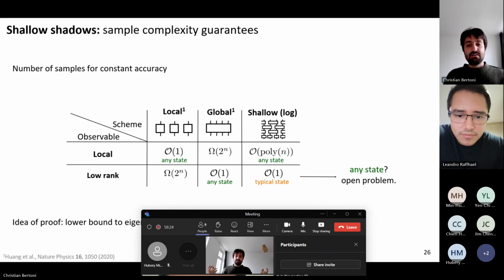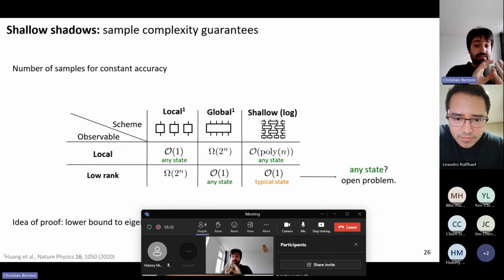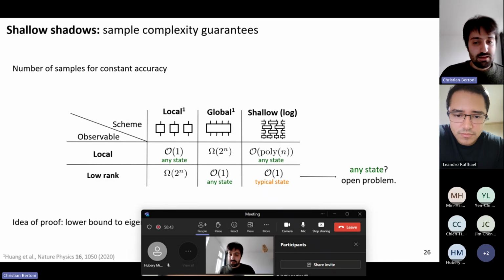The variance is a function of the observable and of the state, and we want to maximize over all states. So if somebody chooses the state adversarially, the worst possible state, we still want to have a guarantee.